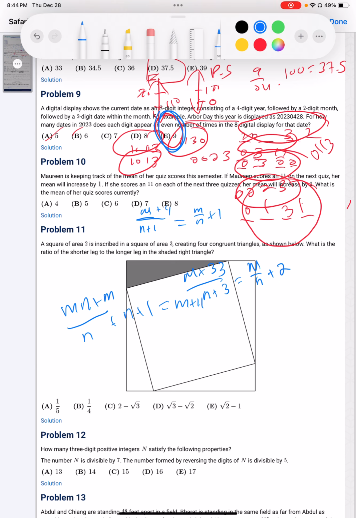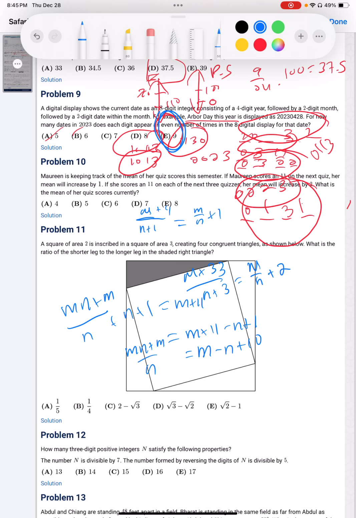And you should just be able to subtract N plus 1. So it should be M minus N plus 10 equals Mn plus M.